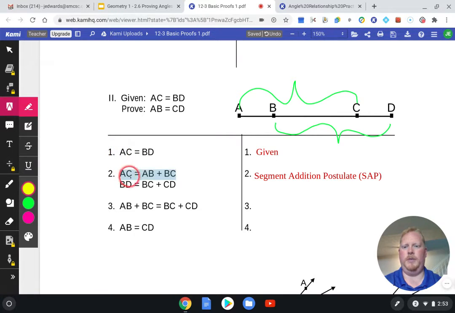Because AB plus BC is the same thing as AC, how about I plug it into that equation? And then they said, since BD is the same thing as BC plus CD, what if I plugged that into that part of the equation? And so I come up with this new equation.